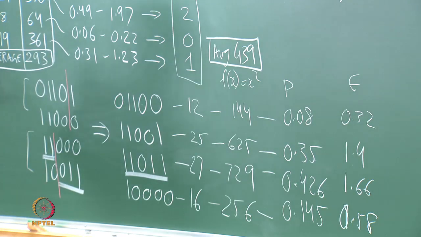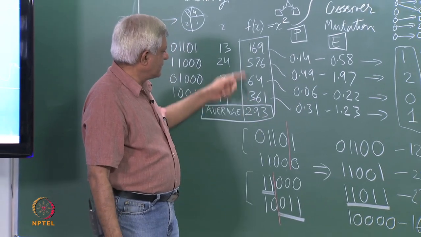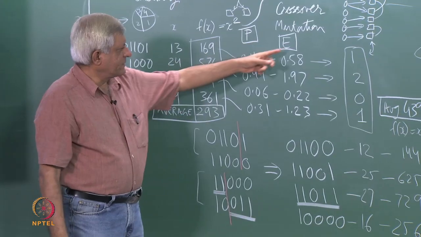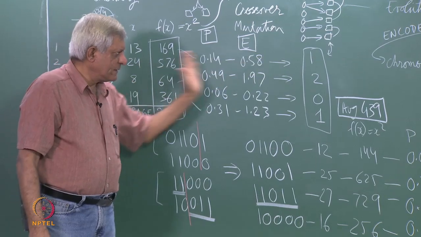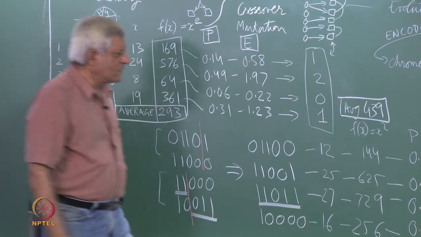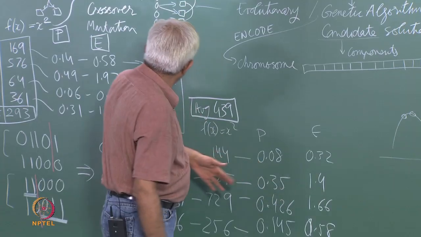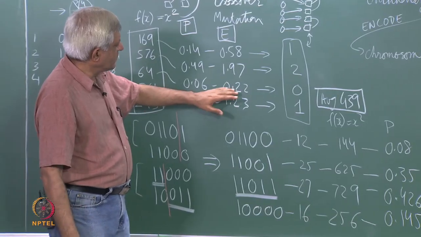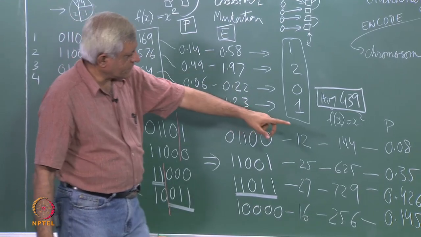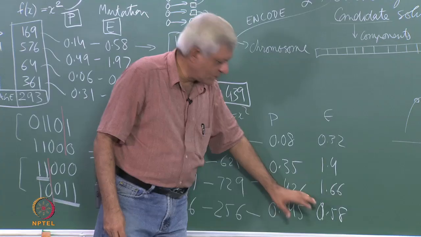We started with one population whose characteristics are given here. Average fitness is 293 and this has the expected number of clonings allowed. Here also you can see the expected numbers, sorry, 1.97, 0.22, 1.23 and so on, and those are the expected numbers here, 0.32, 1.4, 1.66, 0.58.